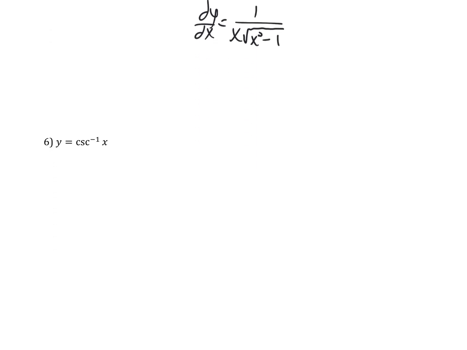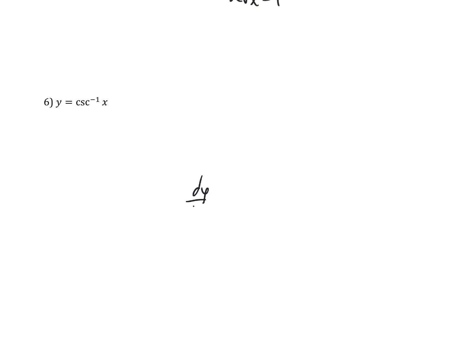Okay? And then inverse cosecant, the last derivative that we'll need to find, dy over dx equals 1 over negative x square root of x squared minus 1. Okay, so those are our 6 derivatives of our inverse trig functions. You're going to need to have those memorized just like you've memorized the 6 derivatives of the 6 regular trig functions.